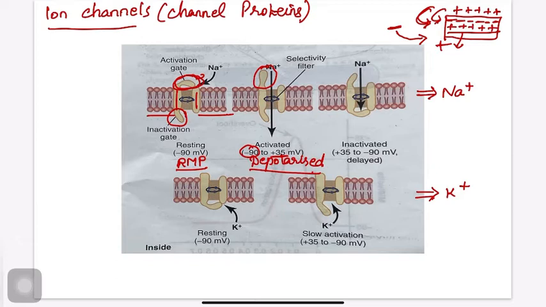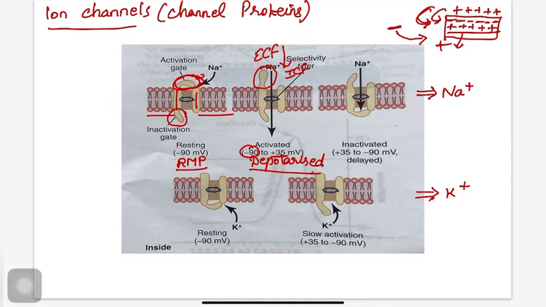As the negative potential gets converted to positive potential, the activation gate opens. The gradient for sodium is from ECF to ICF, as ECF has a higher concentration of sodium, so sodium is drawn into the cell. So as the activation gate opens, sodium enters the cell.